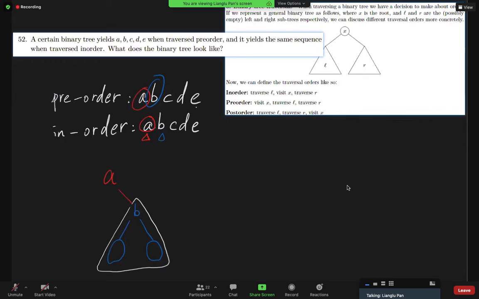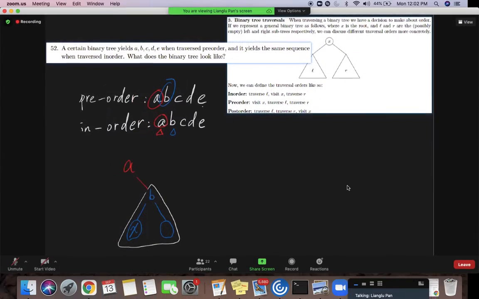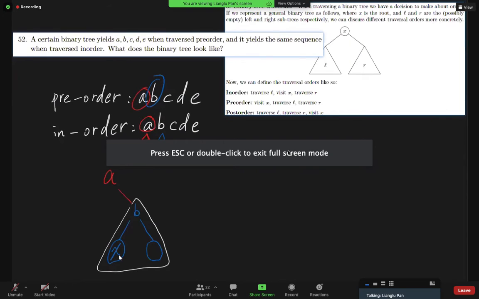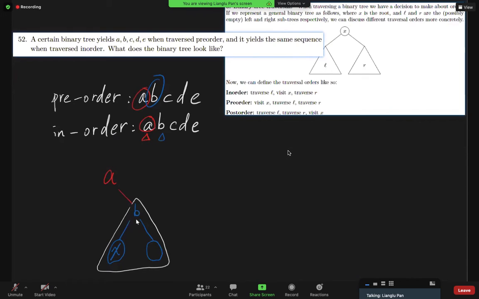This means that we cannot have any node as the left subtree of B. For the same reason, if we suppose we have a node X here, then this node must be visited after visiting node A but before visiting node B, because it's in the left subtree of node B. And since we don't have anything in between A and B in the in-order traversal sequence, we know that node X does not exist. So we can't have any left subtree.